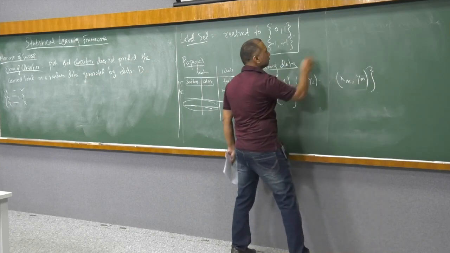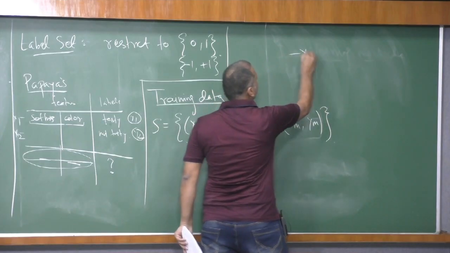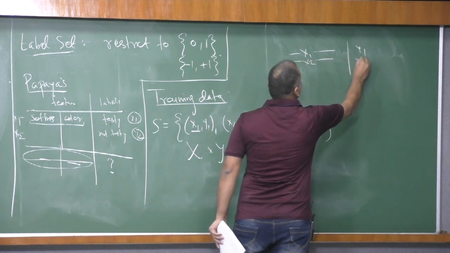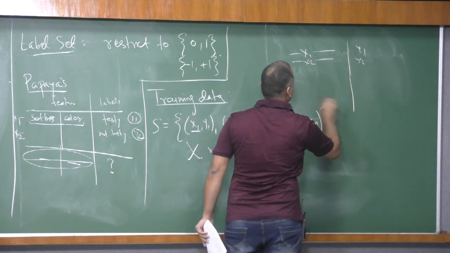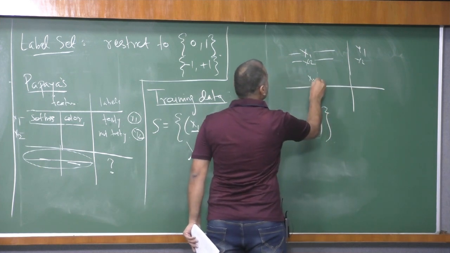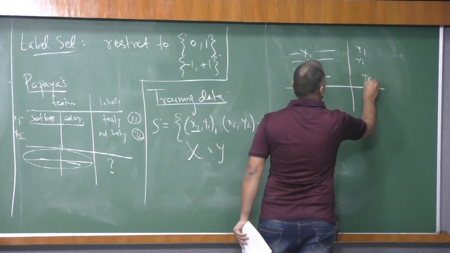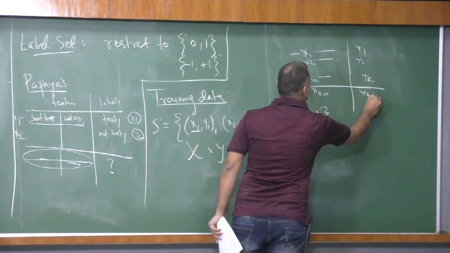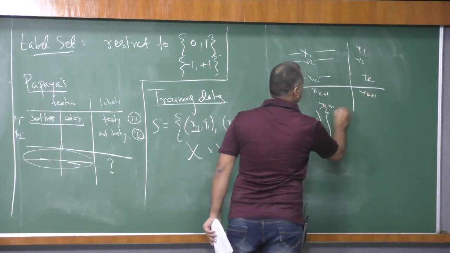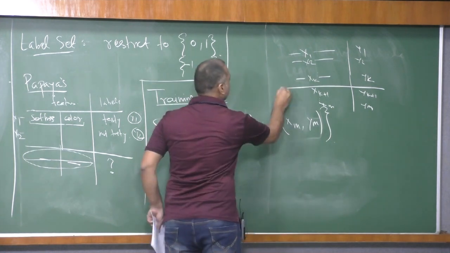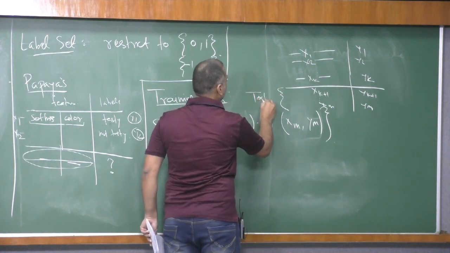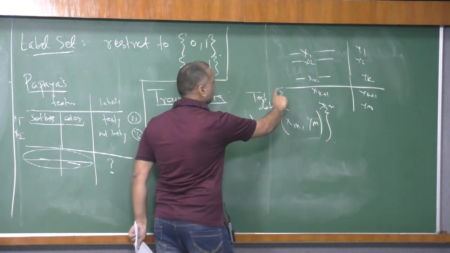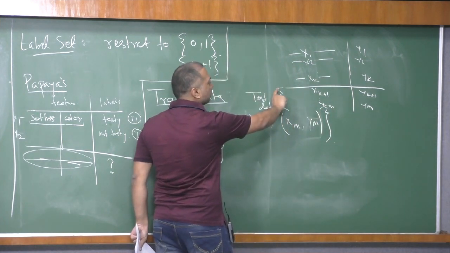Let me write this. x1 itself is a vector, remember, and then we have y1, and then x2, y2, and so on. Let us say we go up to xk and yk, and then xk plus 1, yk plus 1, up to xm, ym. We keep this as test data. Although we already know the labels for this, we keep it out of the training data.